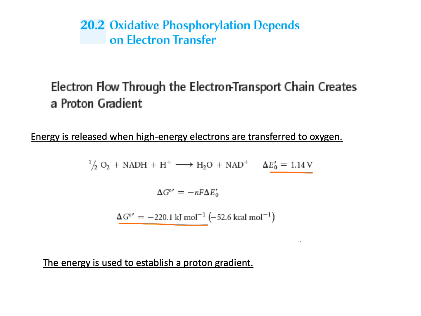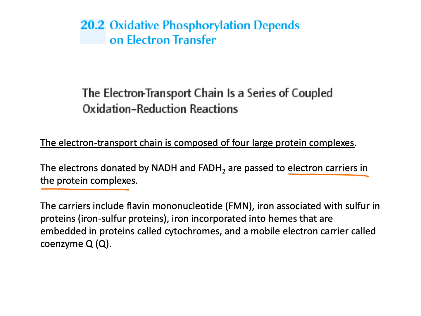That's a substantial energy release. We know that to synthesize 1 ATP, you only need 30 kilojoules per mole, so this energy can produce numerous ATP. The energy is used to establish a proton gradient, which is later used to synthesize ATP.